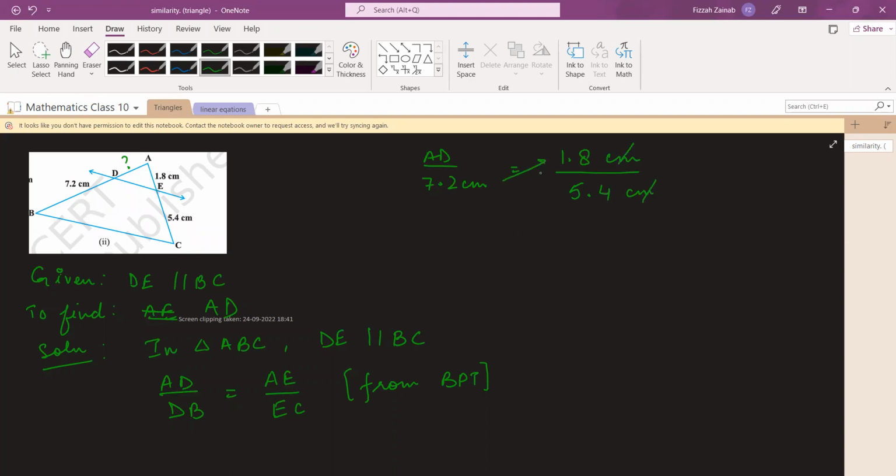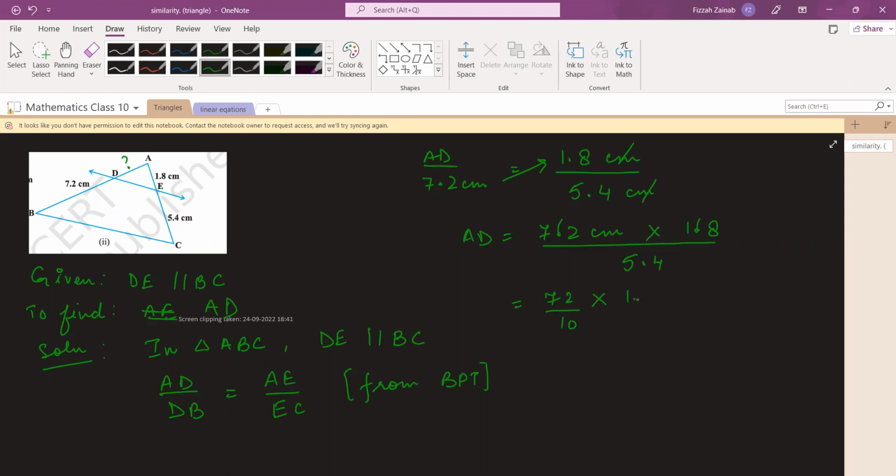Now you take this 7.2 here, cross multiply. So AD is equal to 7.2 centimeter into 1.8 divided by 5.4, right? So you can remove all the decimals. So if I remove this decimal, it becomes 72 divided by 10, right? Into now 1.8.